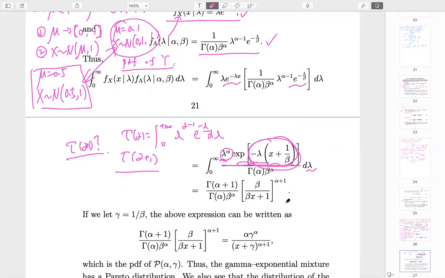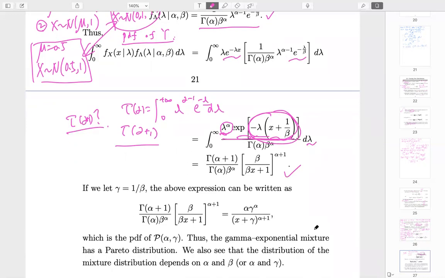In the end, you have this. Then you do a little trick: you introduce another change of variable to use gamma to replace 1 over beta. Finally, you will end up with this, which is nothing but the PDF of Pareto. So you can see that by mixing gamma and exponential, you will actually end up at a Pareto distribution.